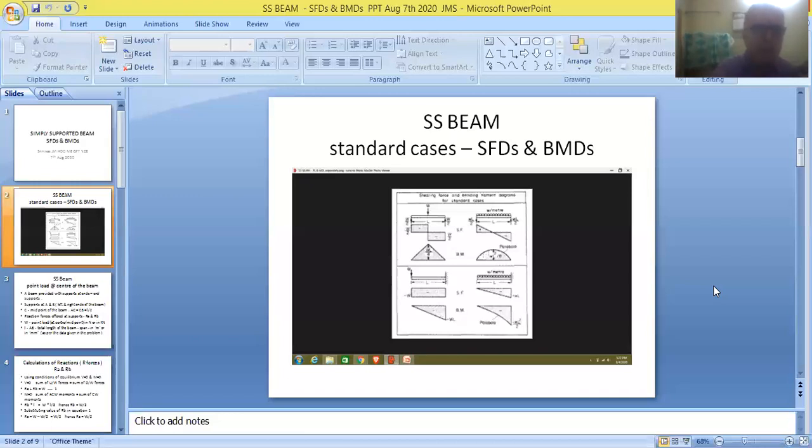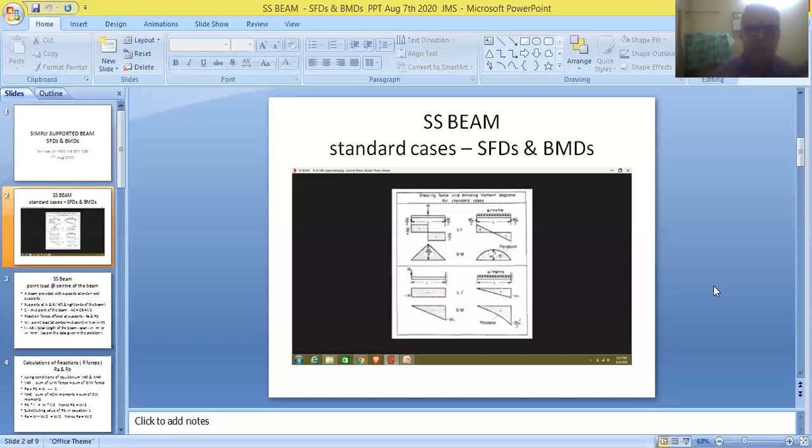Ultimately, we have to reach the left hand side of the beam. So the CB portion must be considered first for preparing SF and BM equations, and finally the AC portion will be considered for preparing SF and BM diagrams.